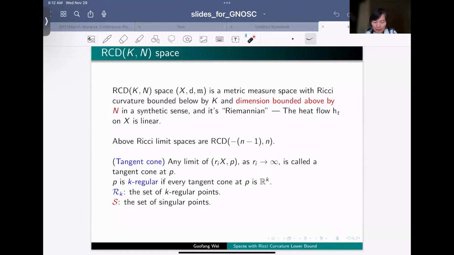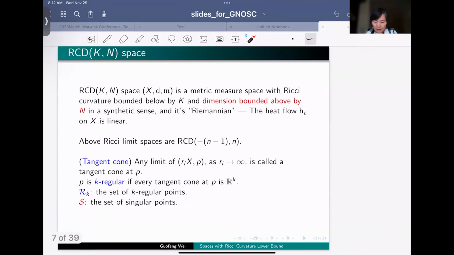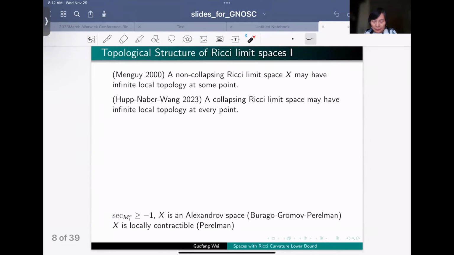Here are some properties of Ricci limit and RCD spaces. I'll just focus on Ricci limit spaces. Instead of the geometry, I start with topology, because there are not as many results. The topology in general could be really bad, even for non-collapsing, where it should usually be better. Menguy gave an example where, at some point, the local topology could be infinite. For example, the second Betti number may be infinite in an arbitrarily small neighborhood.